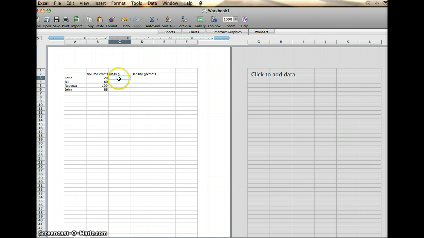So now we're going to compute the mass. Katie was 40 grams. Bill was 100. Rebecca was 68, and John was 100.